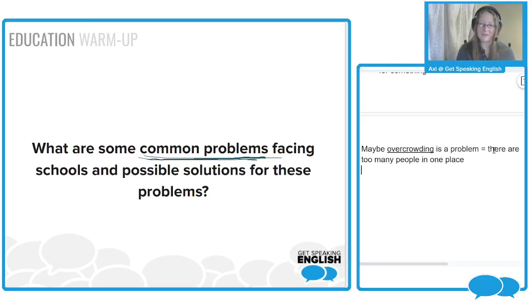So we might have too many children all together in the same classroom, which obviously makes it hard to give individual attention to everyone, right? So it could be hard to address the specific needs of one person when you have a whole pile of students, right? So that could be something.